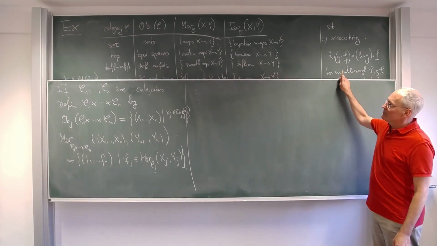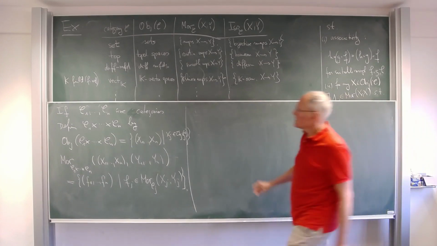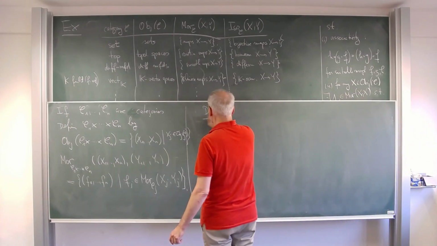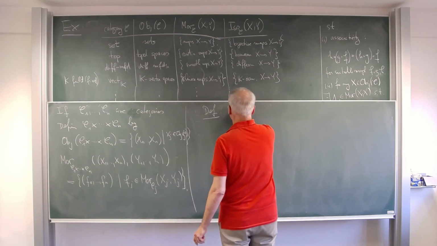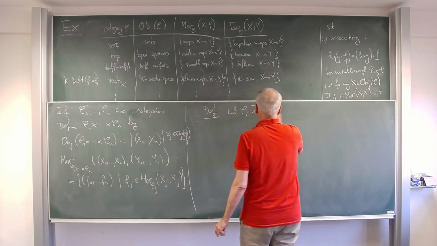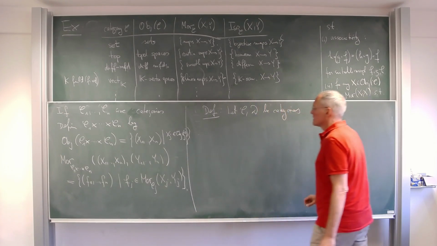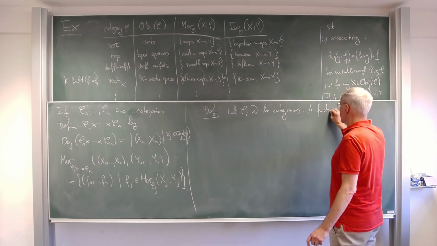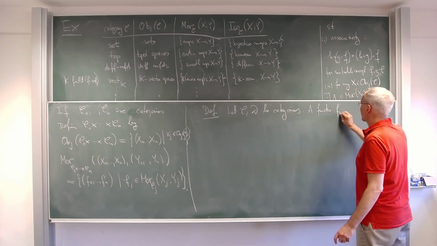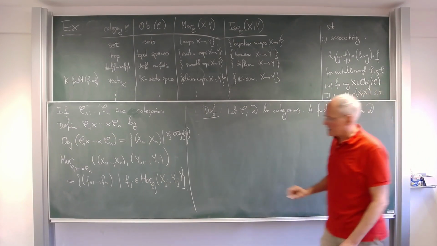Okay. Now functors. So suppose we have two categories. So let C and D be categories. Then a functor from C to D consists of the following data.